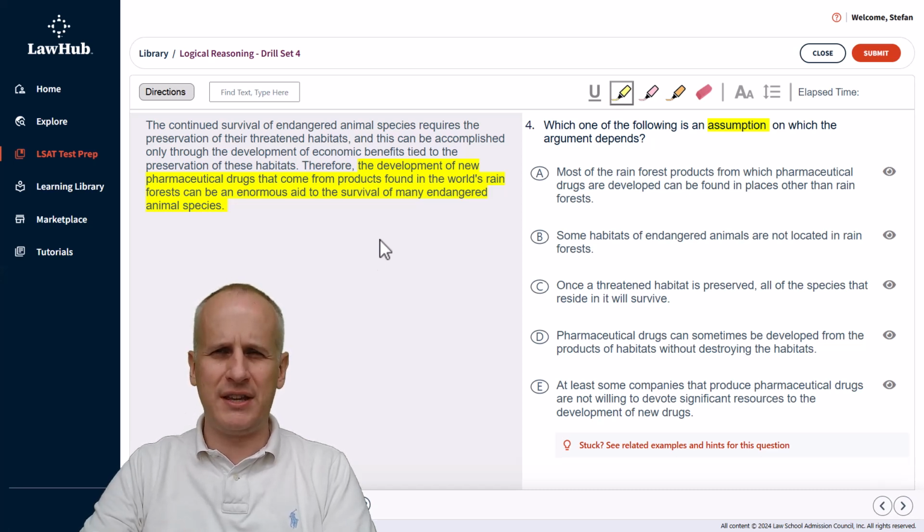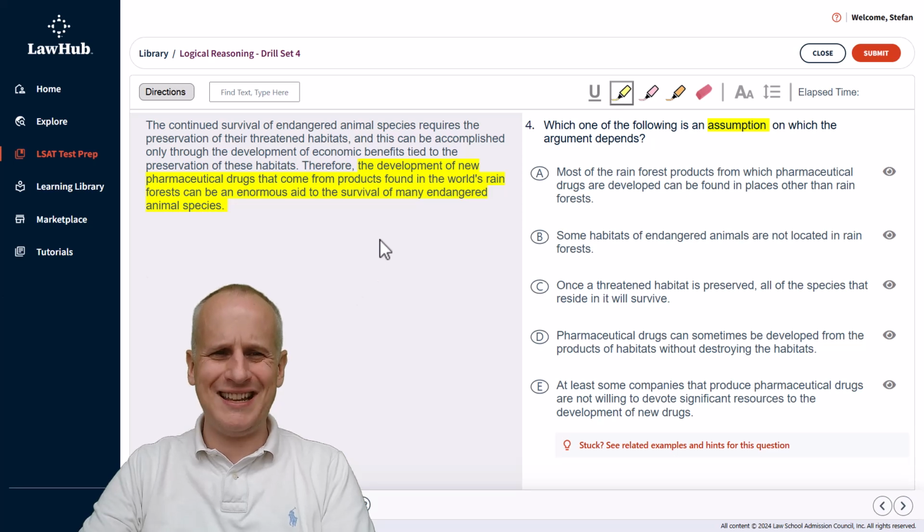And we should think to ourselves, it is a real life scenario after all, that, wait a minute, we find that there are products in the rainforest that are going to help pharmaceuticals. And this is somehow going to protect the rainforest. But we might think to ourselves, well, I'm cutting down trees. Might I actually be harming the rainforest?